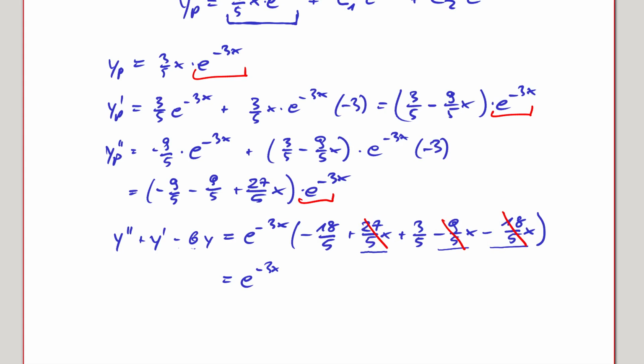And what is left is minus 18 over 5 plus 3 over 5. So we have minus 15 over 5 as factor, which is just minus 3 times e to the power of minus 3x. And that simply says that the differential equation is solved with this particular choice of a of x. Okay, I hope that helps.